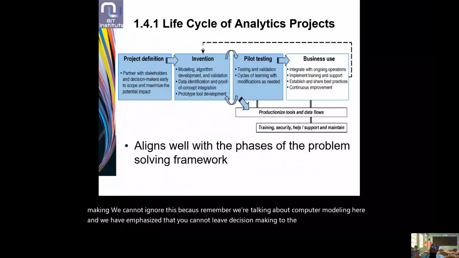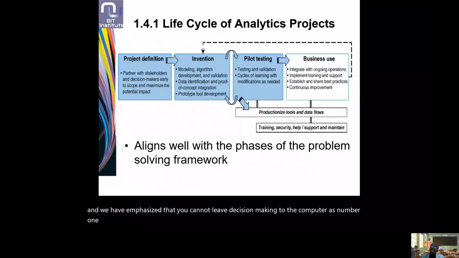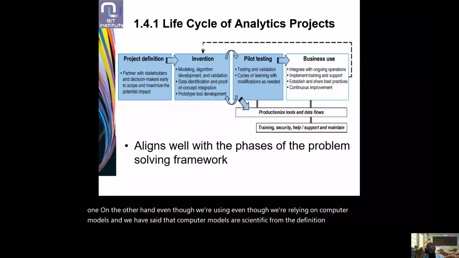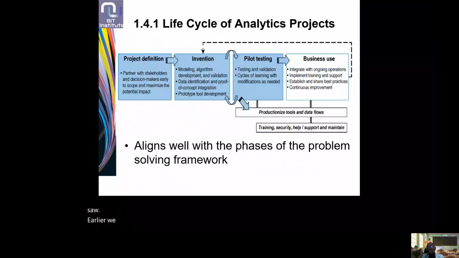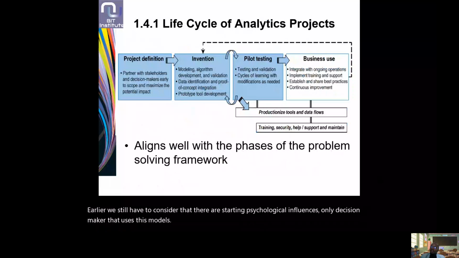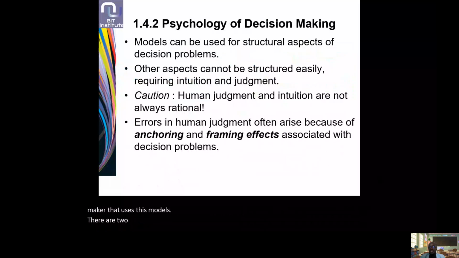On the other hand, even though we are relying on computer models, and we have said that computer models are scientific from the definition we saw earlier, we still have to consider that there are certain psychological influences on the decision maker that uses these models. There are two key psychological influences that we want to highlight.